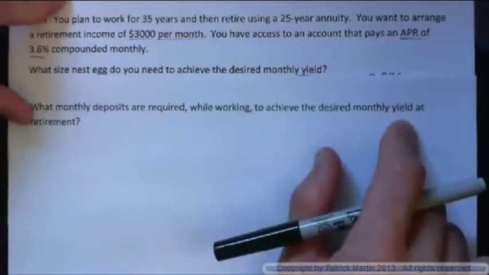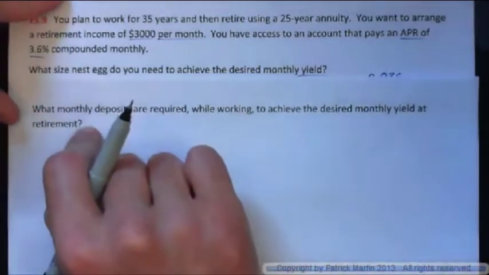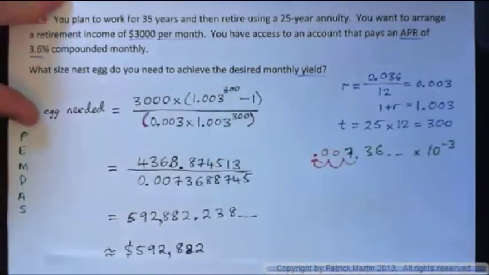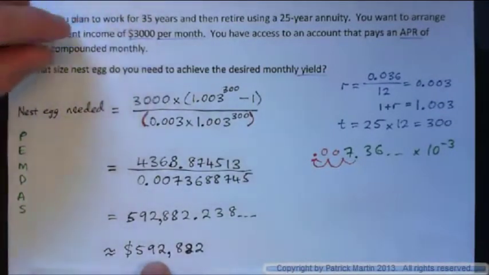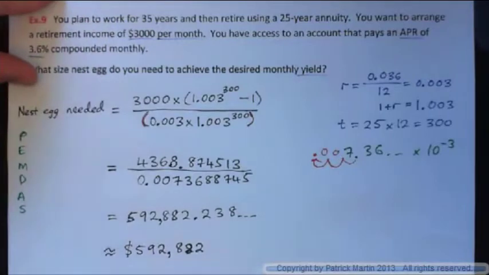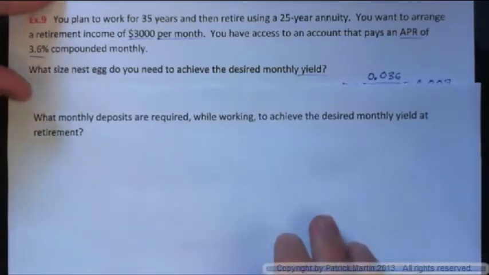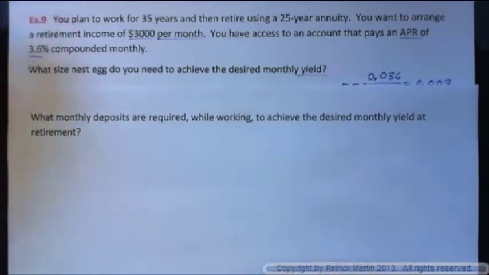So now the question is, how much do we need to save every month in order to get almost $600,000 or $592,000, right? Well, what formula do we have to figure that one out? Have we done something recently? Can you think of anything?